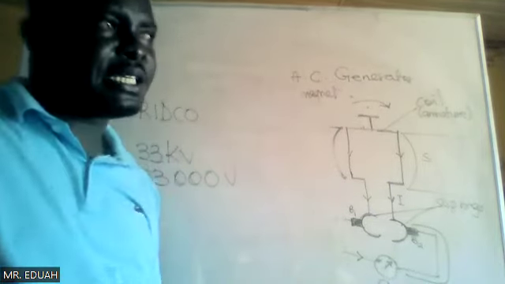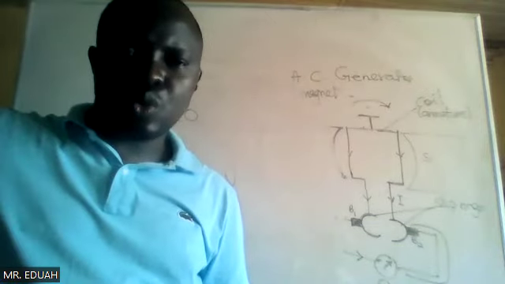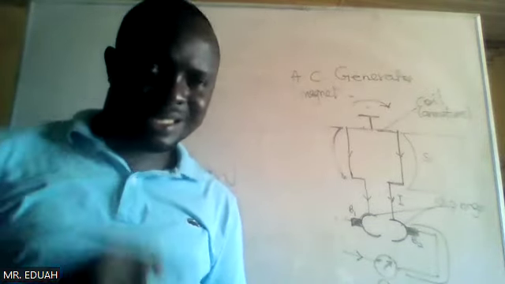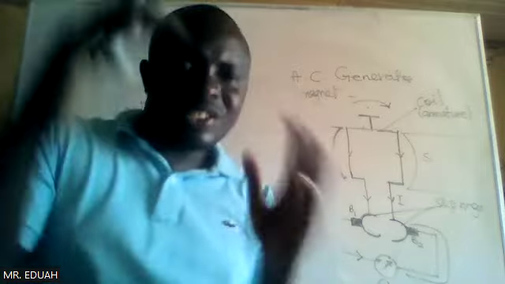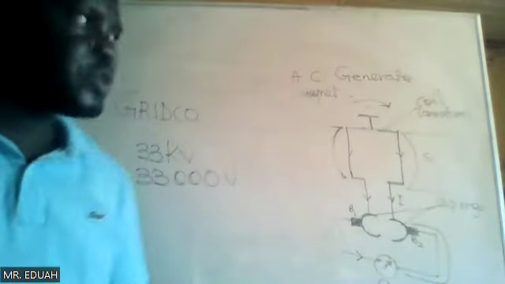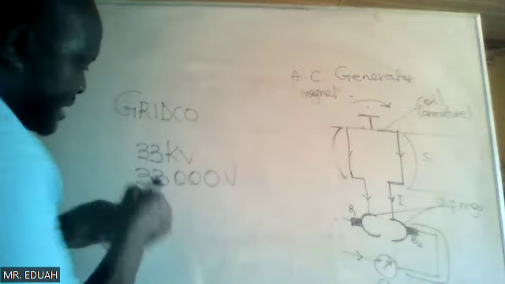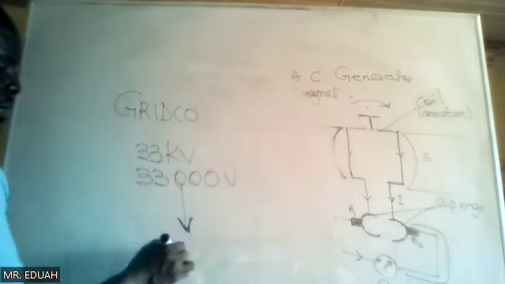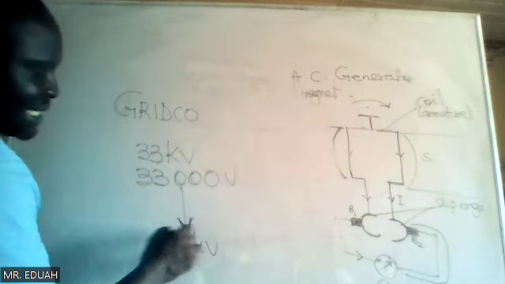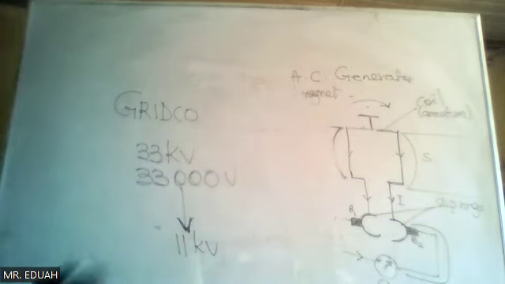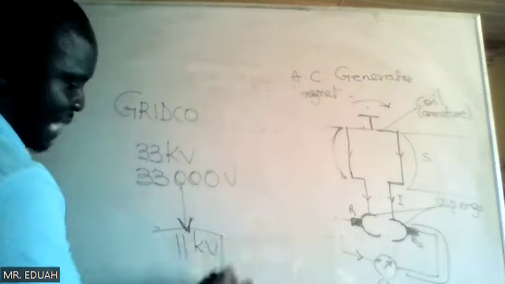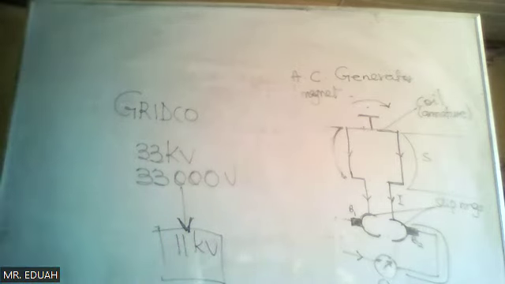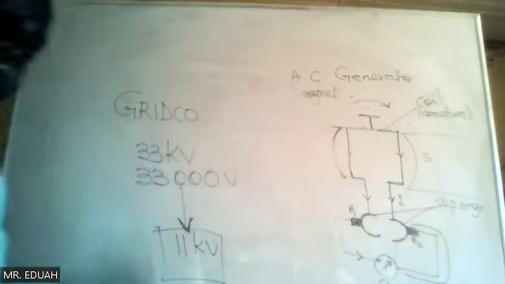Then from the substations, it is given to transformers. The transformers you see within our community do the stepping up and stepping down. The transformer steps this voltage down to 11 kV, which is 11,000 volts.